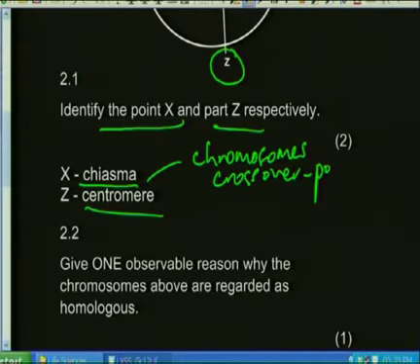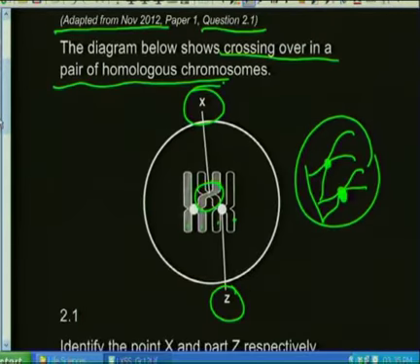That point where they touch. There, this area here. So in other words, the homologous chromosomes are going over each other like that. That point where they are touching is known as the chiasma, or in plural, chiasmata. Okay, that one was chiasma.